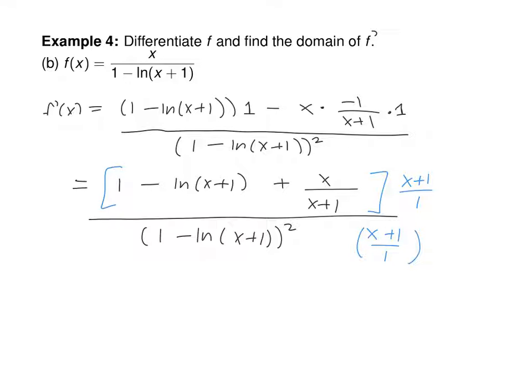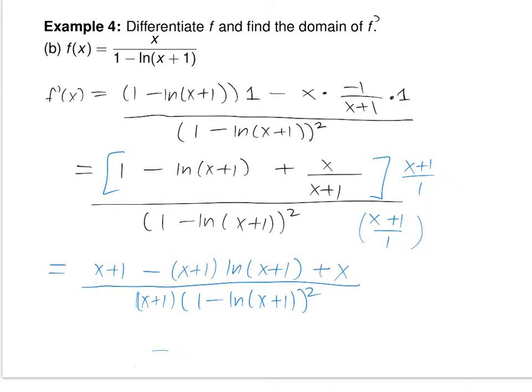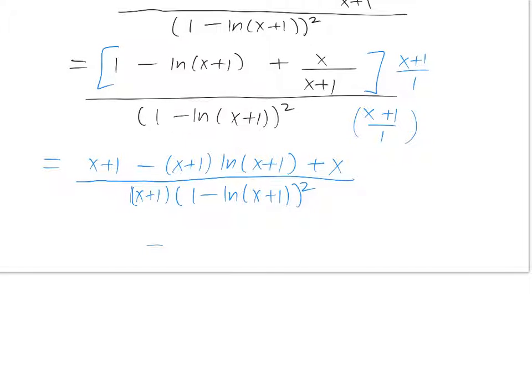No. But that's going to give you x plus 1 minus parenthesis x plus 1 ln of x plus 1 and then plus x, all over x plus 1 minus ln of x plus 1, that whole thing squared. And I apologize for the length, but let's simplify it just a little bit more.